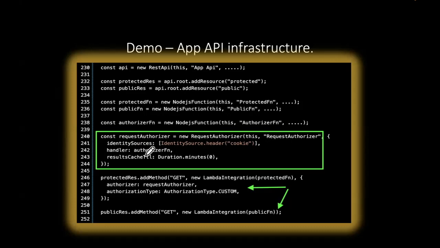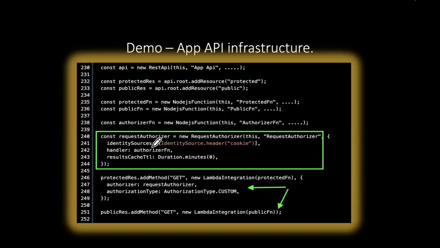What's the rest? Okay, I'm just telling it don't do any caching of cookies. So this is what we're calling a request authorizer resource. And the final piece of the jigsaw then is down here, we need to indicate which of our application backends uses this authorizer.